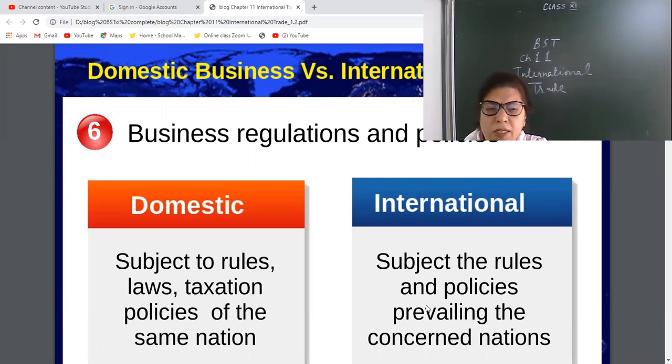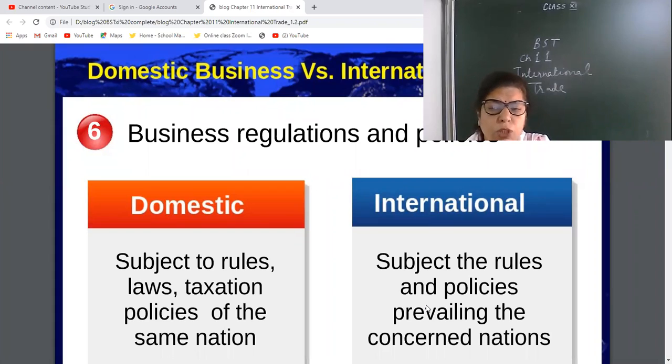In domestic business, generally the rules, taxation policies, government authorities and laws are the same. Like in India, the trade laws are applicable for buyer and seller, and the same law applies because they are dealing in the same country. But in international business, they differ according to the concerned nations.